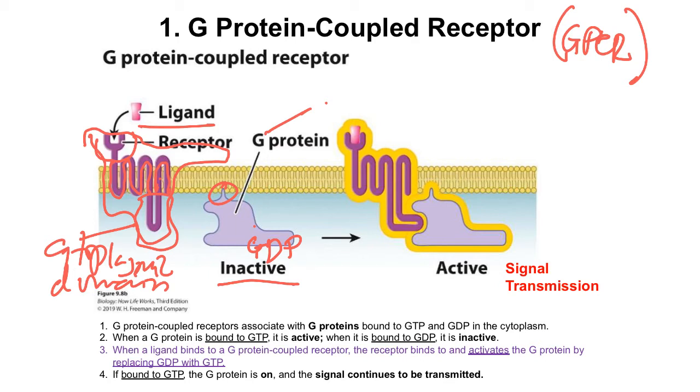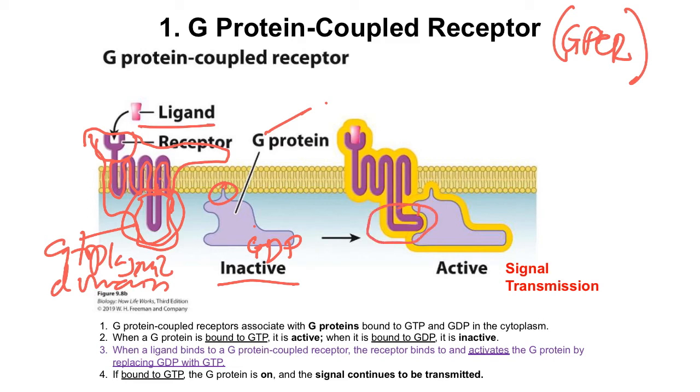So the binding of the ligand to the receptor causes this inactive protein to bind to the cytoplasmic domain, which, as a result of the binding of the ligand, has changed its shape.